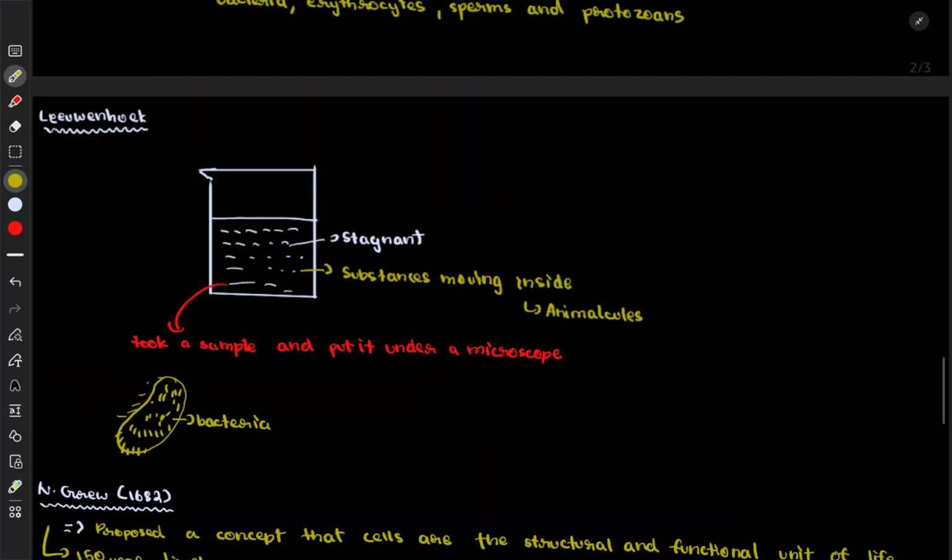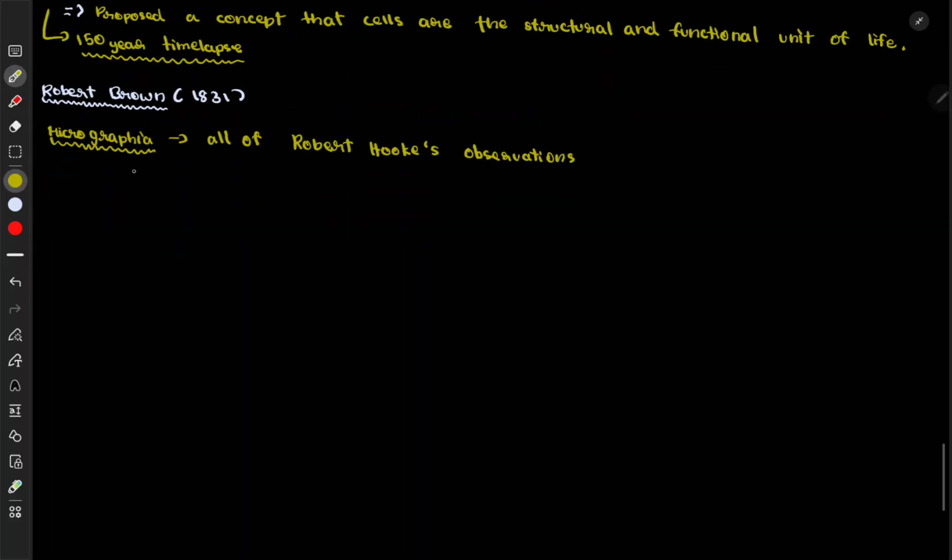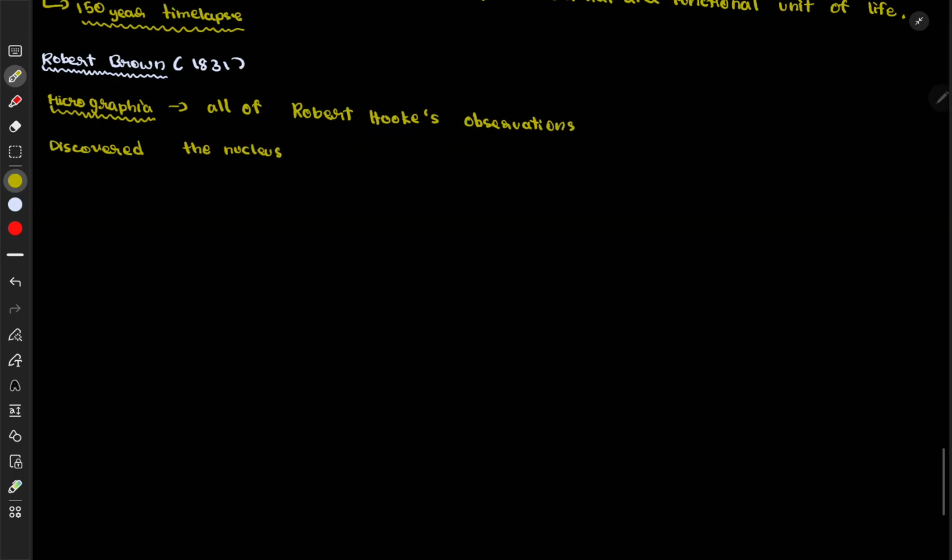Okay, so think of this. He read this and might probably have got inspired, and so he discovered the nucleus. Now, from where did he discover the nucleus is the question.